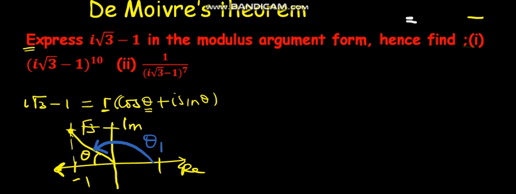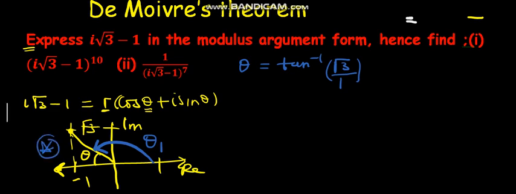We know that θ is equal to tan inverse of the imaginary part out of the real part. We've taken a positive 1 because the negative tells us that we are in quadrant 2. The pair of a negative and the √3 is telling us that we are in the second quadrant, and θ is equal to 60 degrees.